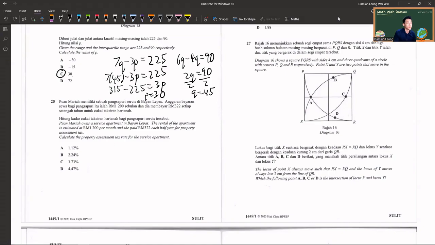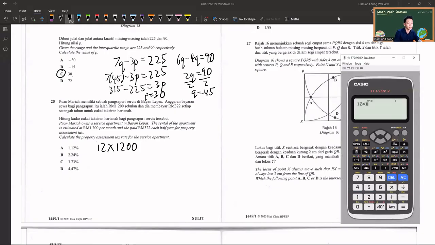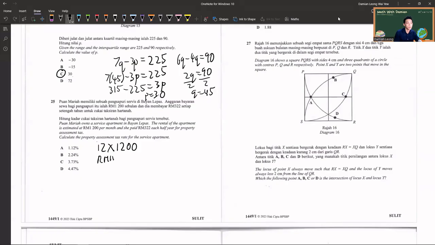So, 12 months, 12 bulan, darab dengan RM1,200. 12 times 1,200, RM14,400. Okay. Lepas tu, cukai taksiran hartanah yang dia bayar setiap tahun. So, 322 ialah bagi setengah tahun, half a year.